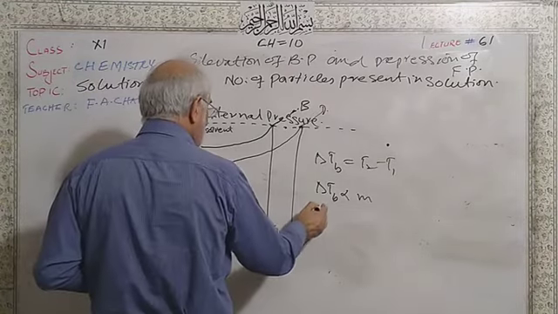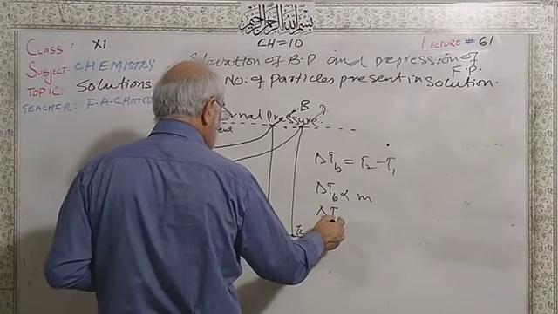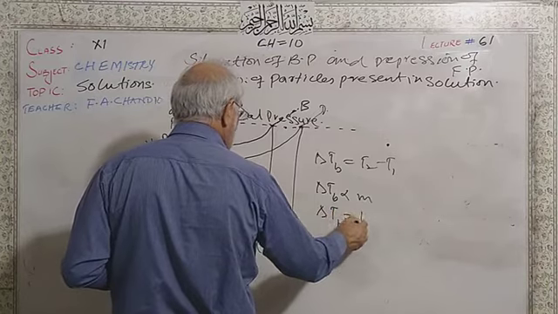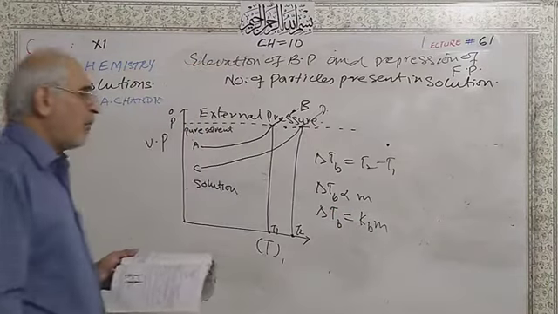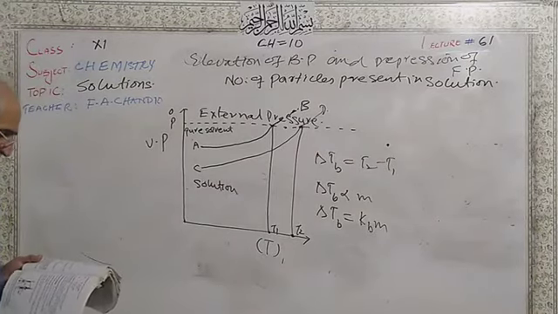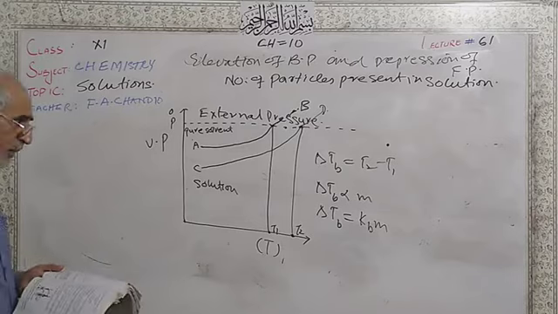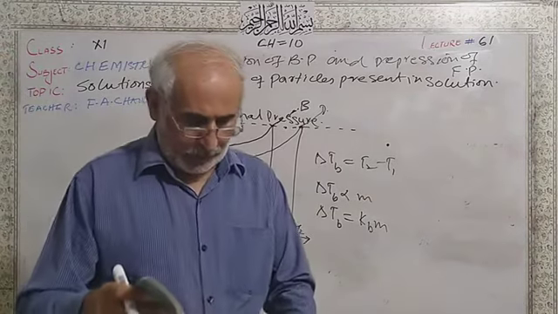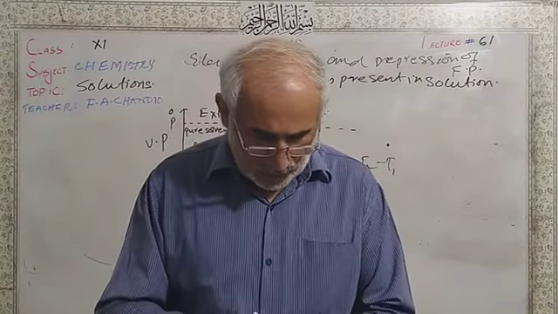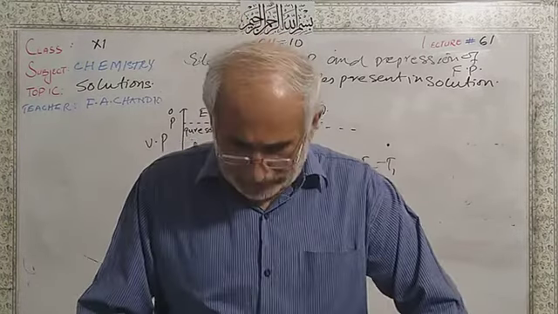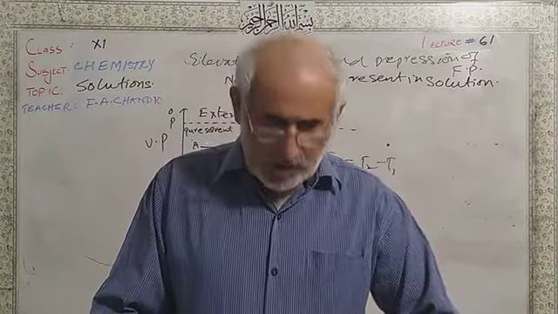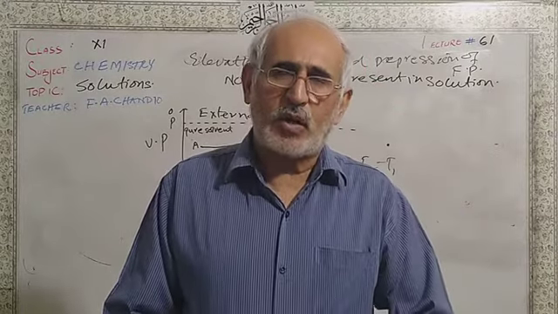So if I make it a constant, delta Tb is equal to Kb, the molal boiling point constant or ebullioscopic constant, which I already told you. If molality is 1, then delta Tb is equal to Kb. The elevation of boiling point means 1 mole of non-volatile and non-electrolyte solute dissolved in 1 kilogram of the solvent.